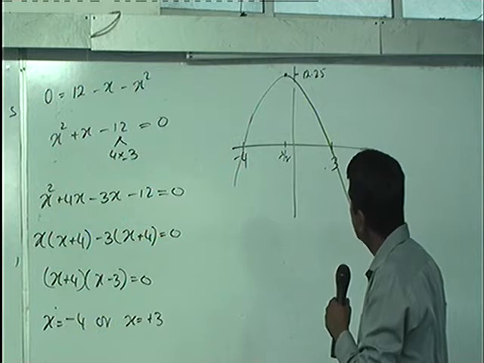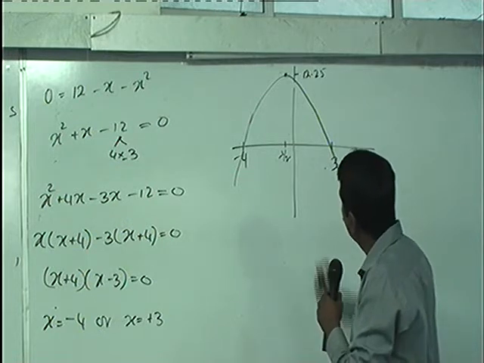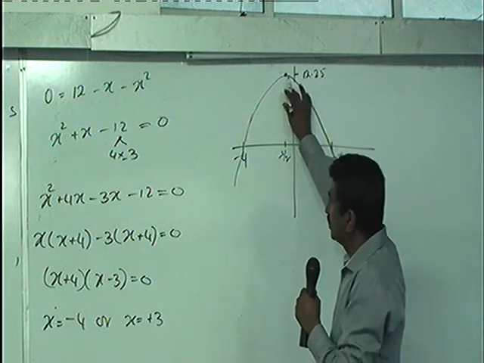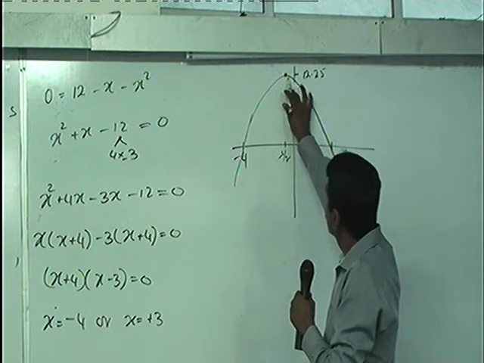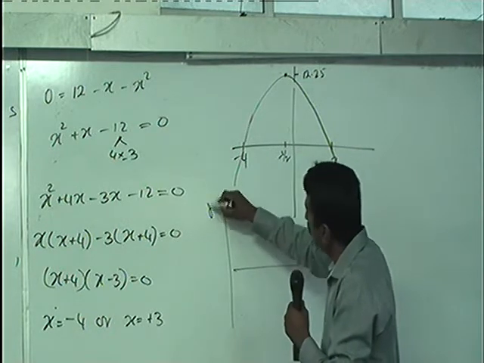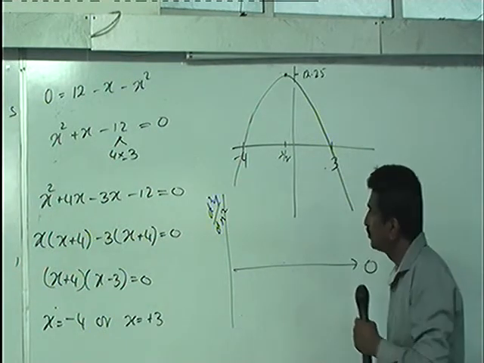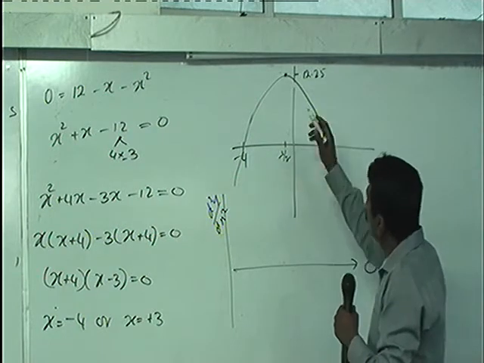If you go through the second order differentiation here, it is negative. If you draw a graph of d2y by dx2 with 0 marked, it goes negative here.